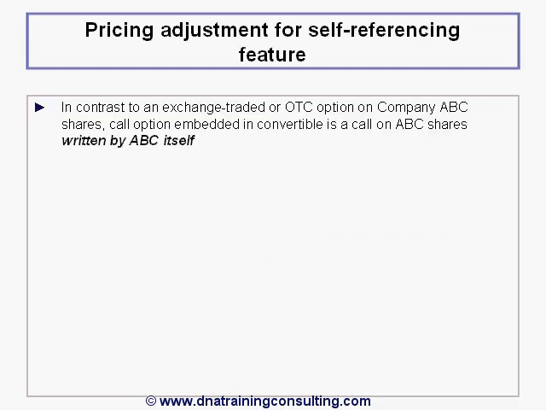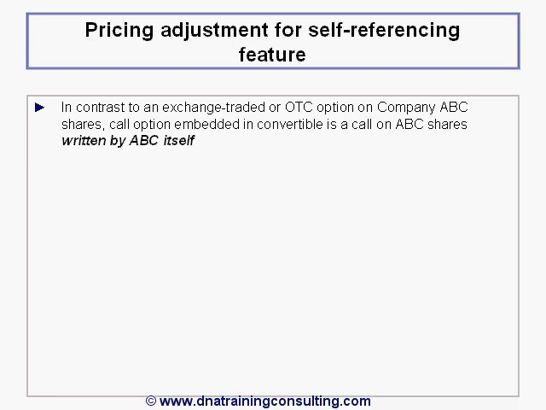Specifically, and in contrast to an exchange-traded or OTC option on company ABC shares, the call option embedded in the convertible bond is a call on ABC shares written by ABC itself. Whereas in the OTC market or on an exchange, a call on ABC shares would normally be written by an independent third party, of course.